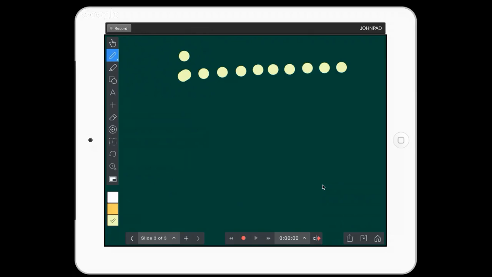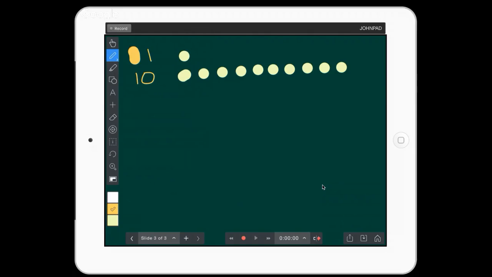Now, the difference between 1 and 10 in notation, the way we write it down, is just the difference between 1 and 1, 0.